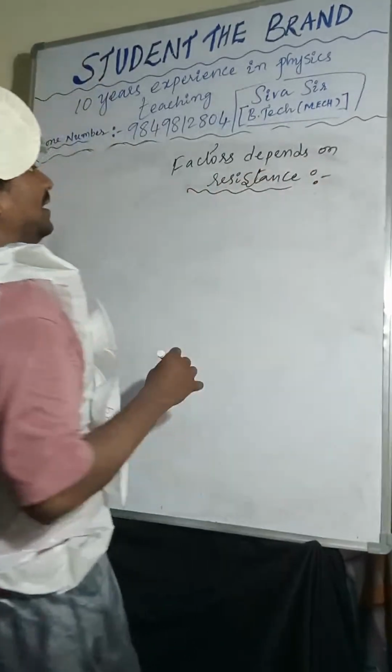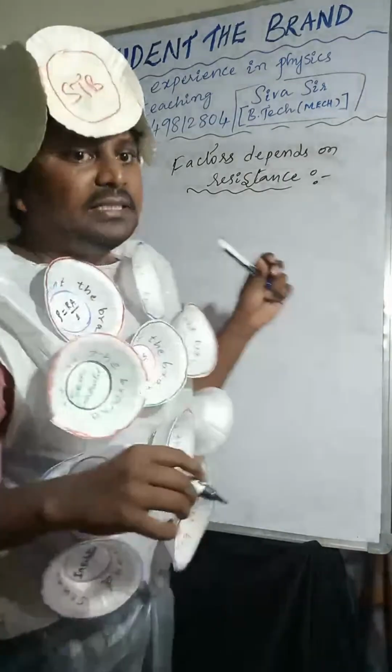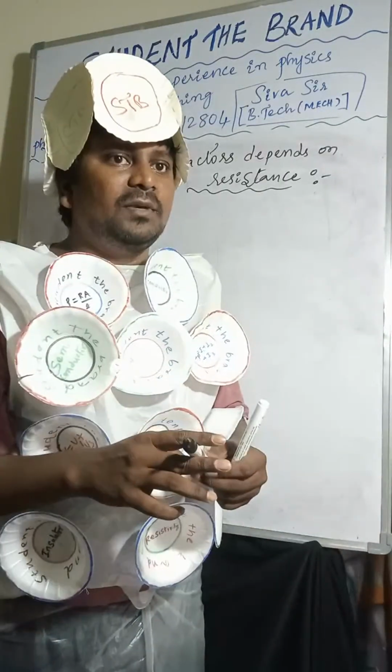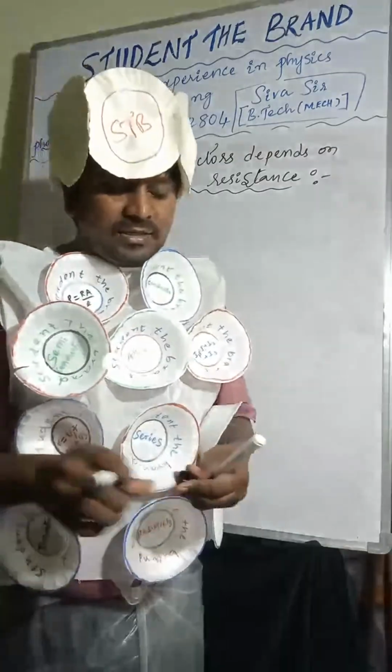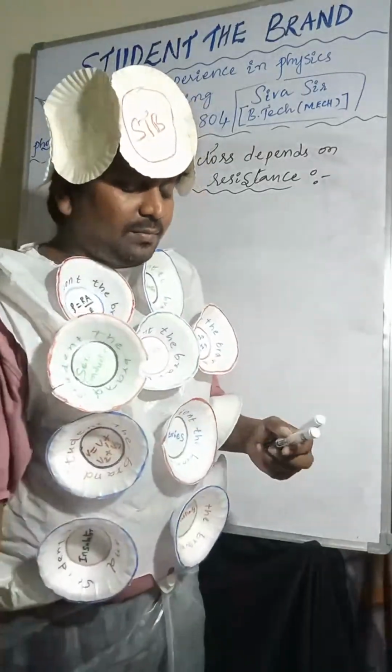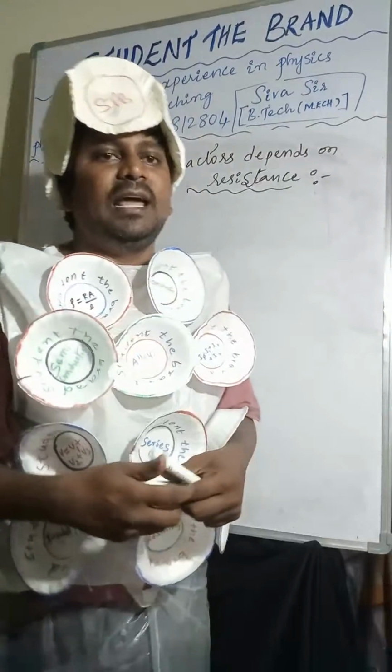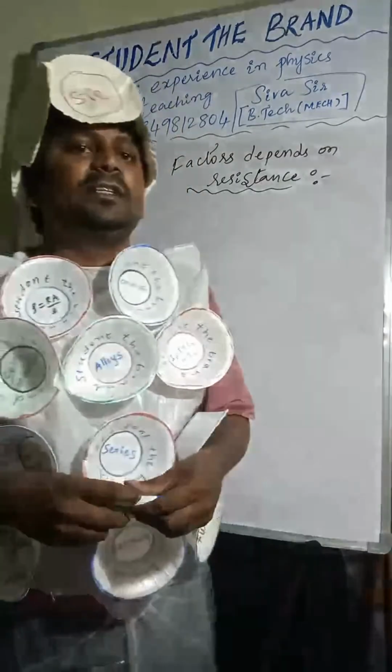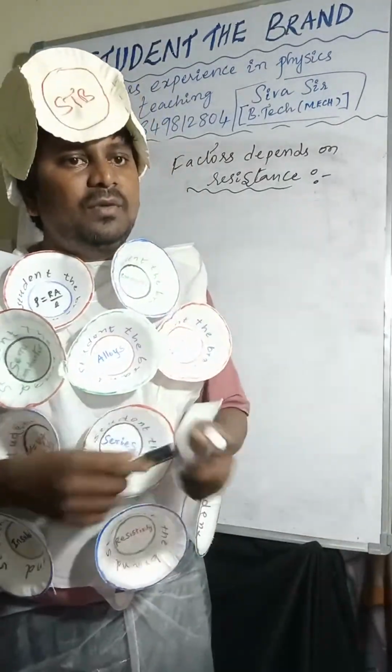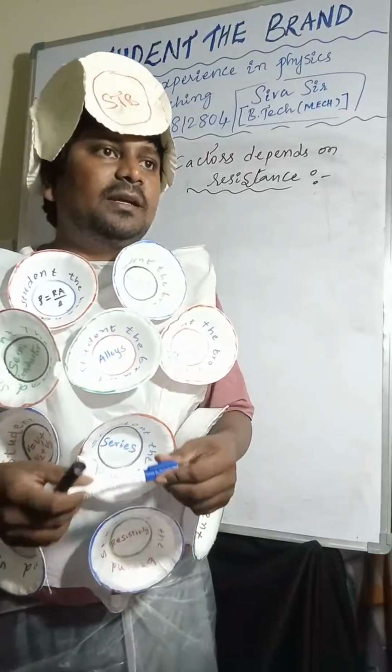Here R is resistance. Resistance is nothing but the phenomenon of opposing the electric current.